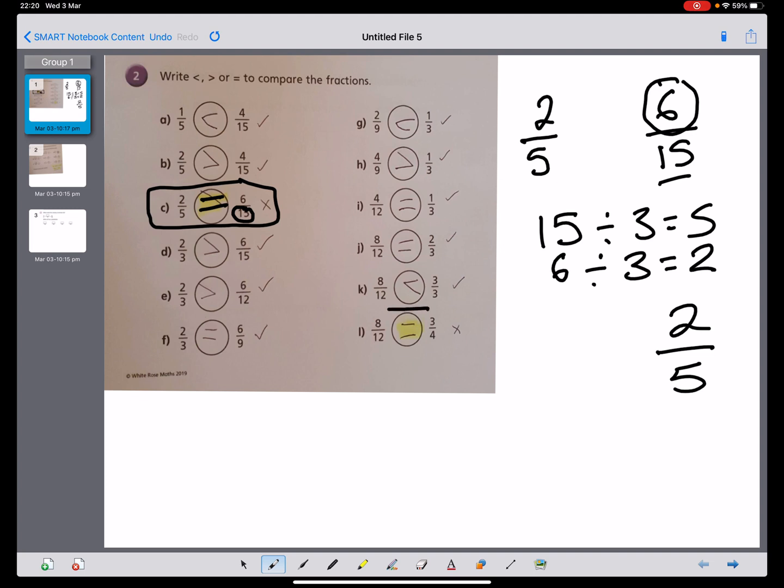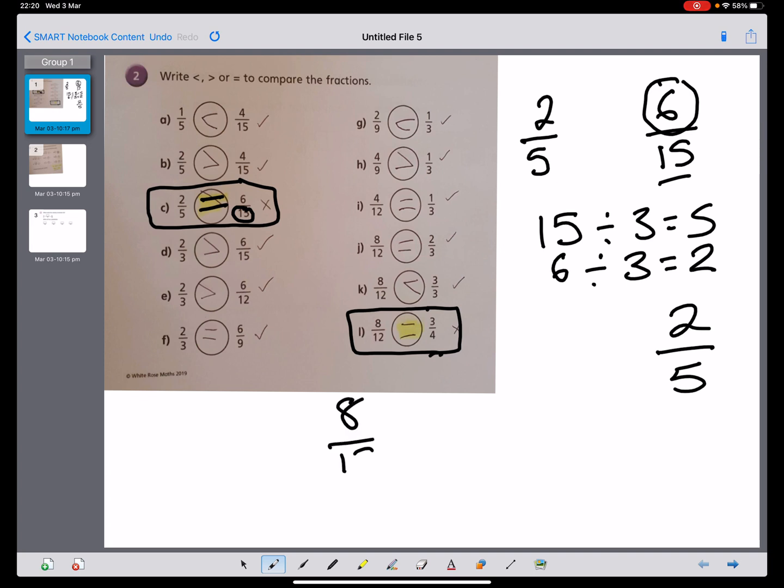Okay, and the same thing on this one. I need to work out whether or not I can divide or multiply to make the two denominators the same. So there are 3 4s in 12, but I can't divide 8 by 3, so instead I have to multiply the other side.